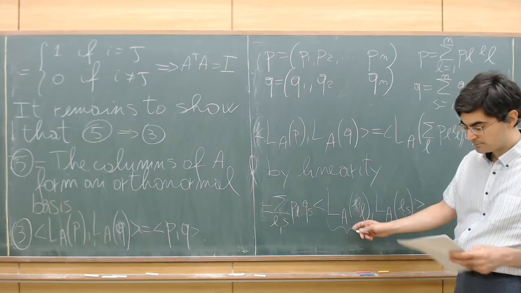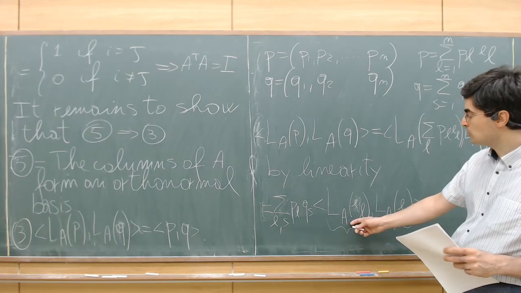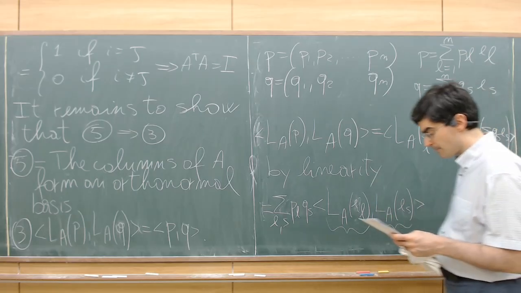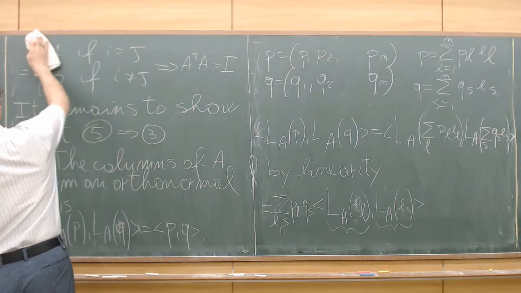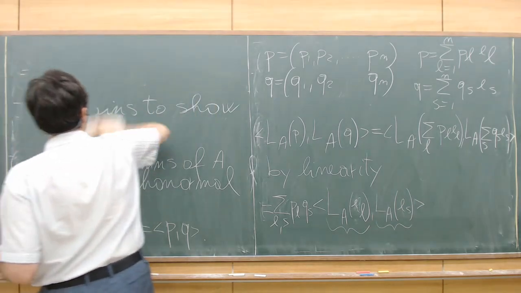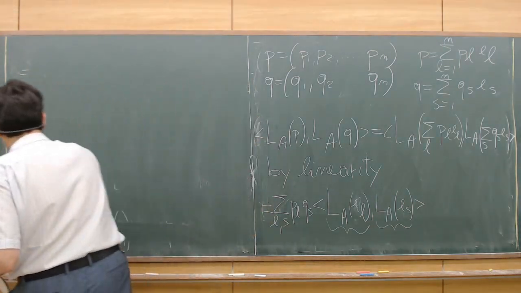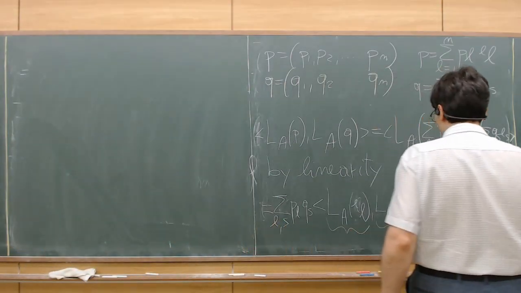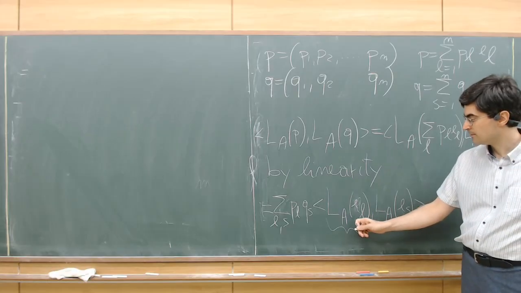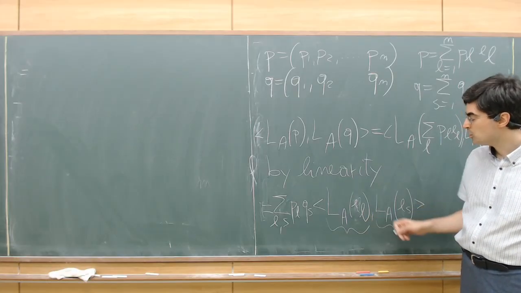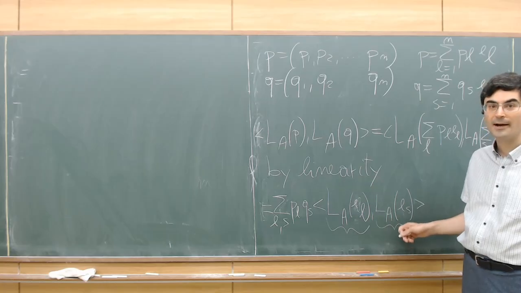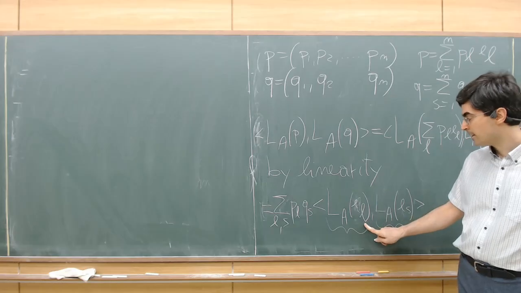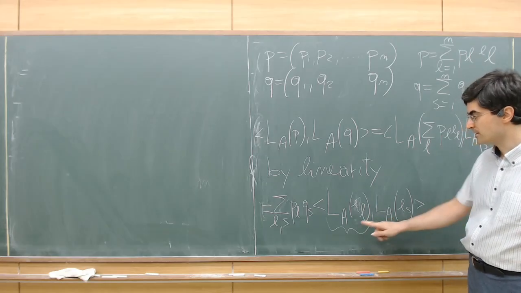This is the Lth column of A, and this is the Sth column of A. And by hypothesis, they are two elements of the orthonormal basis of Rn. So if L is equal to S, you get 1. And if L is different from S, you get 0.